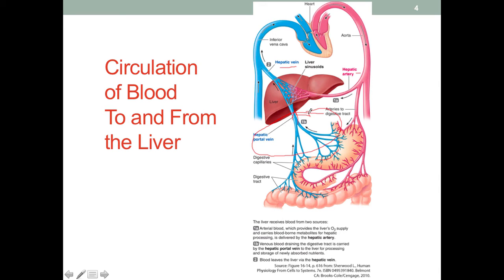So if for some reason there's resistance for the blood flow and the blood cannot easily flow into the liver, as we see in cirrhosis when we discuss that later on, this is a condition called hepatic portal hypertension. With that, blood would be backed up, causing the blood pressure to be high in this section.